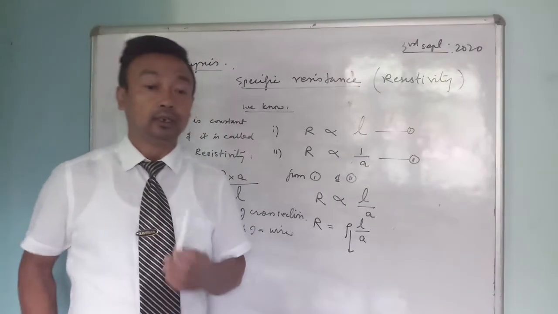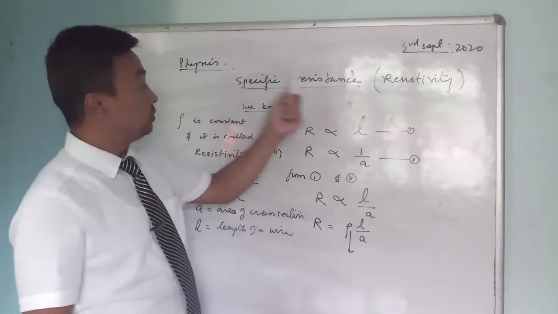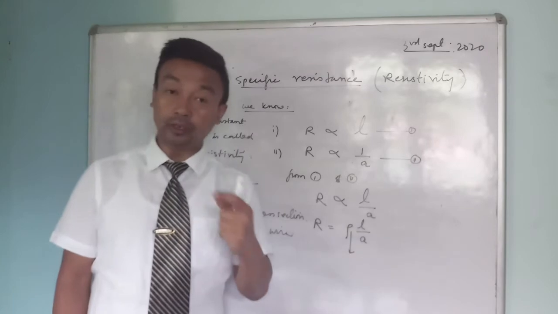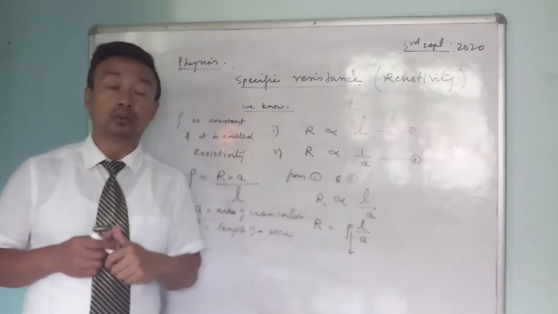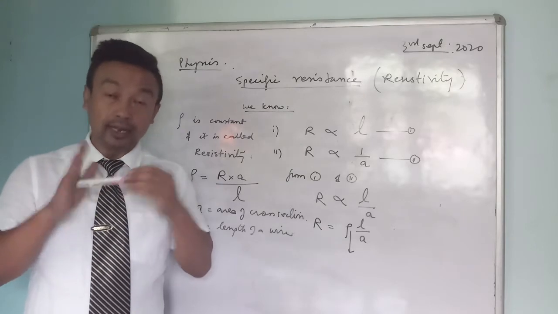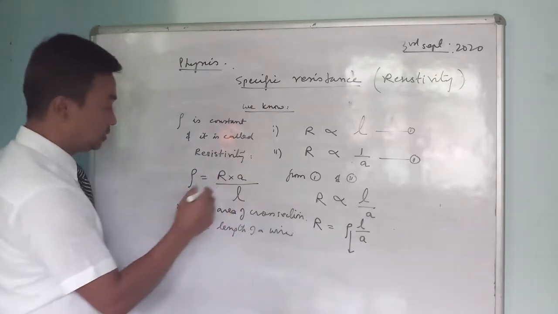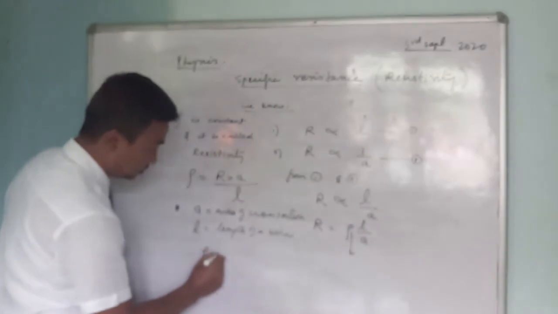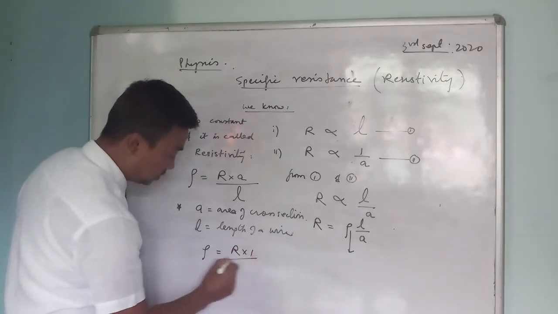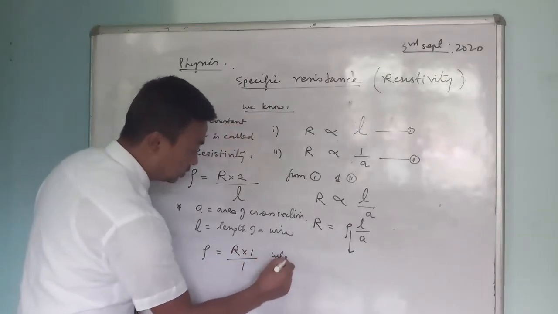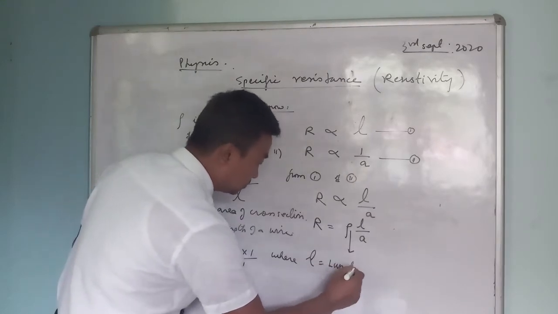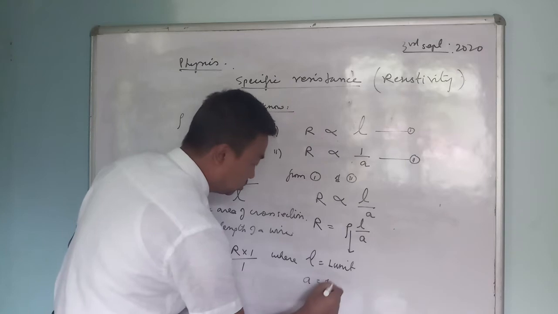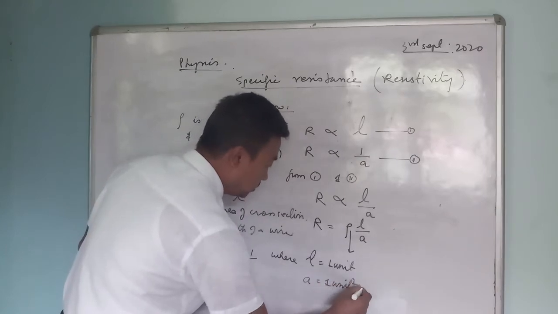So we can define the specific resistance as numerically equal to the resistance of a wire of unit length 1, where length is 1 unit and area is 1 unit square.